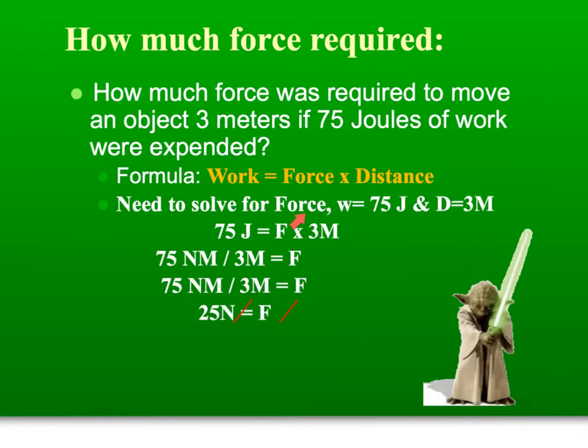We will place 75 joules equals x times 3 meters, and when we solve for x, we will get 75 divided by 3. We will get our force of 25 newtons. Now notice that the meters canceled out.